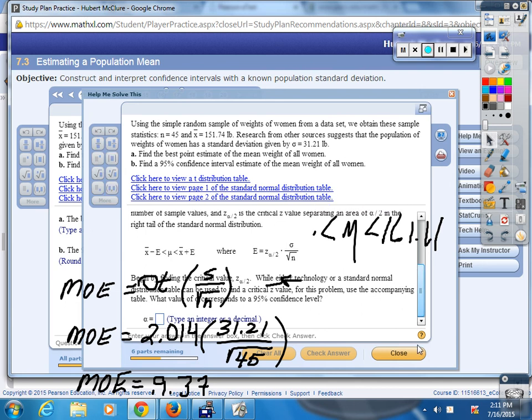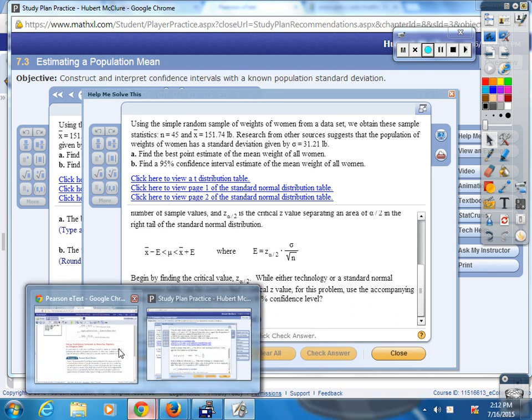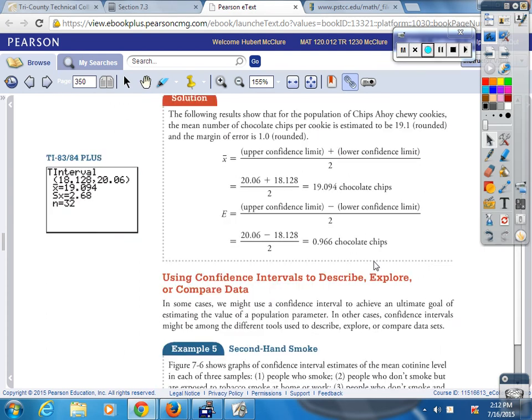Begin by finding the critical value z, which technology is necessary to be found using the z table. But why are they all of a sudden using the z-table when they told us to use the t-table? Hold on, let me look. I need to figure this out.